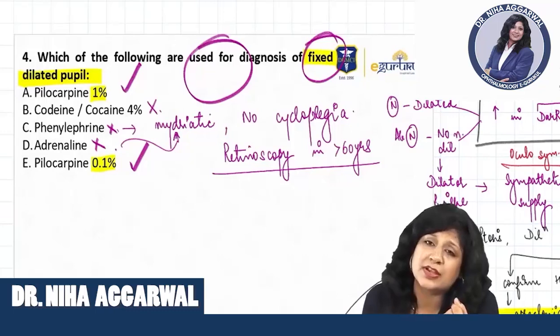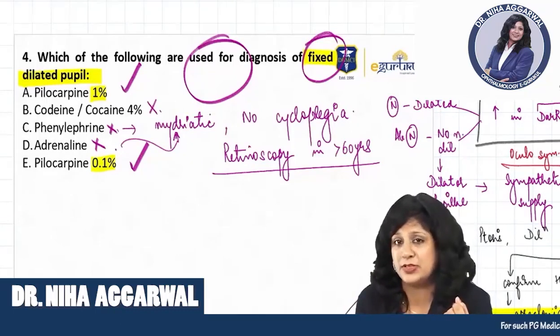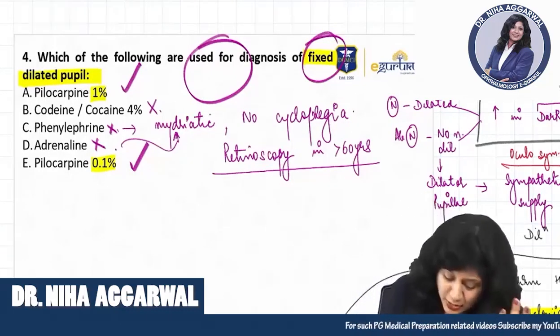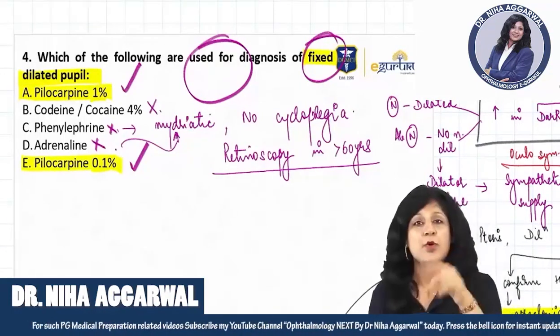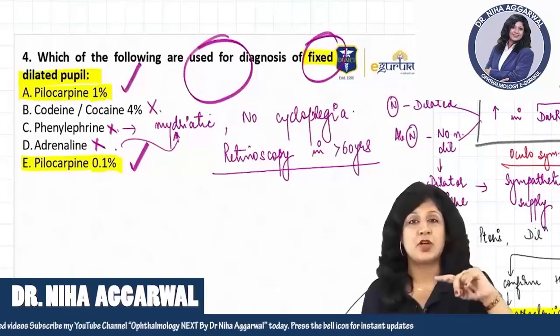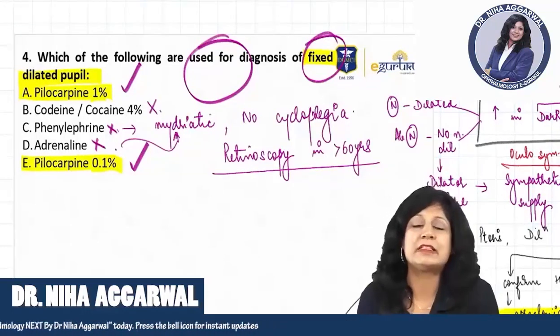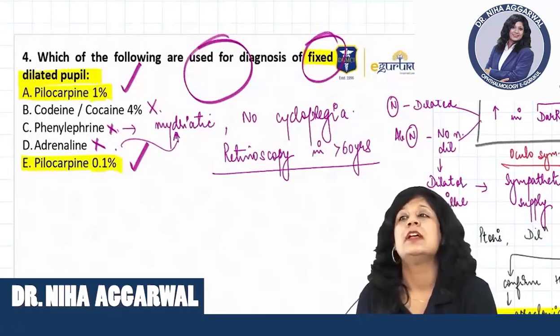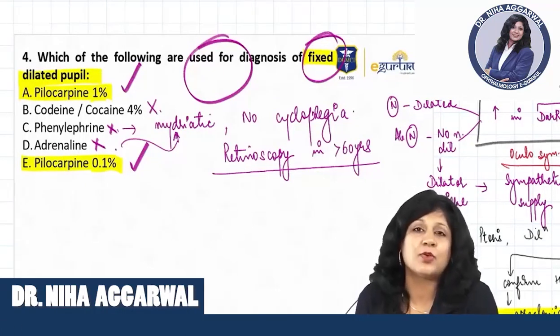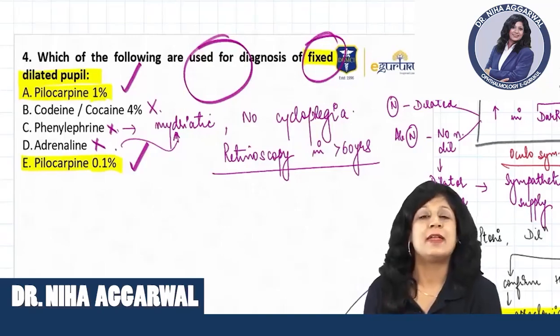If it is not constricting, then we will try with the 1%. So both of the answers are right. So the answer will be A and E. In both the cases, whether the concentration was given or the options did not contain the concentration, both the pilocarpine answers are correct. So the answer will be A and E.